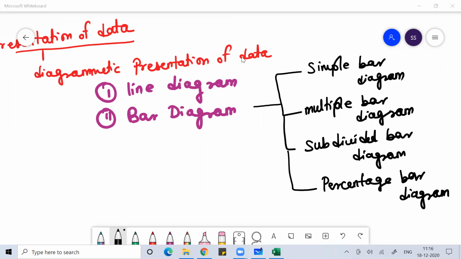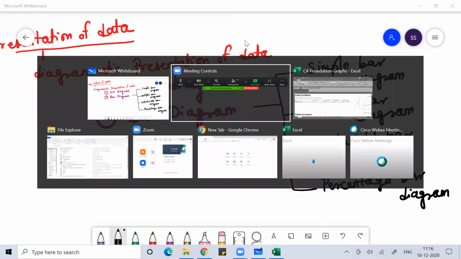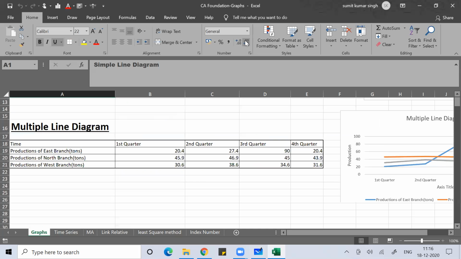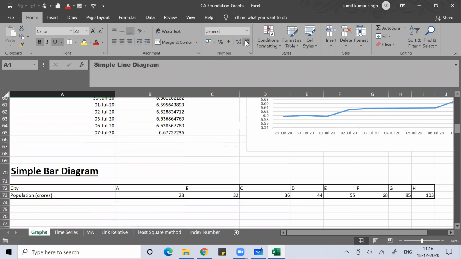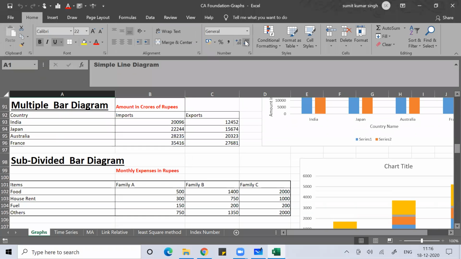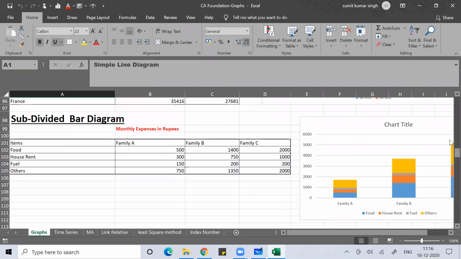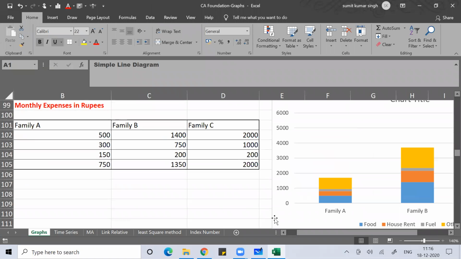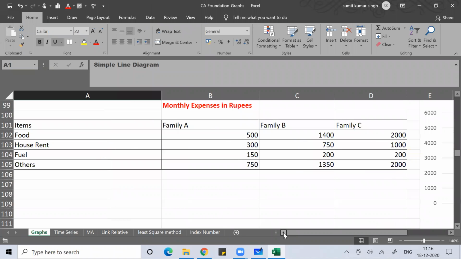While we are talking about the subdivided bar diagram or percentage bar diagram, basically we concentrate on one variable.